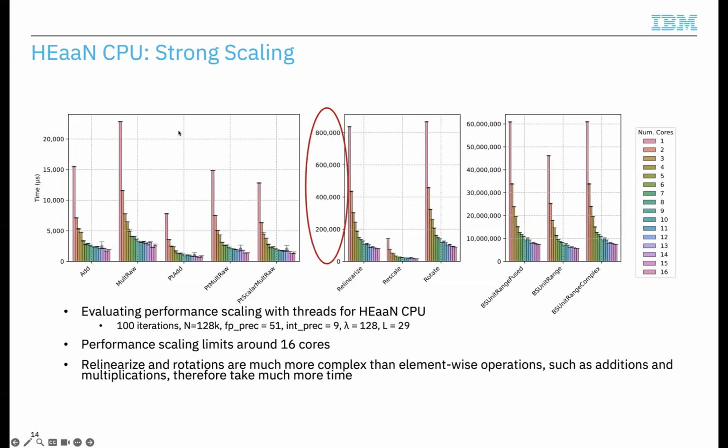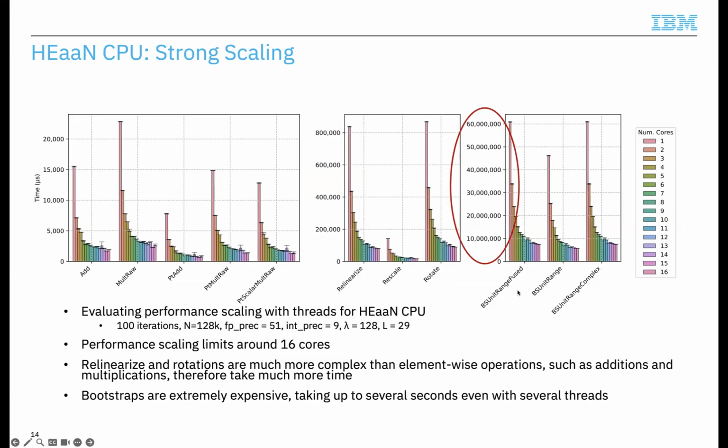And the reason I have divided the graph into three sets is there is an order of magnitude difference between these primitives. So for example, relinearize takes at least an order of magnitude more time than multiplication or addition or others. And then bootstrap takes a couple other orders of magnitude more time than even these relinearize, rescale, rotate operations.